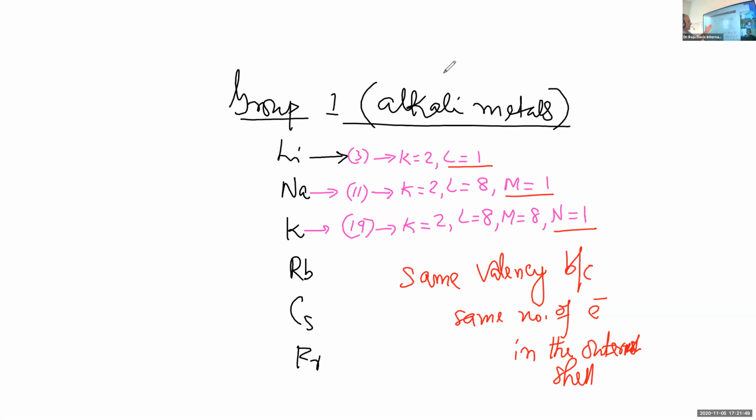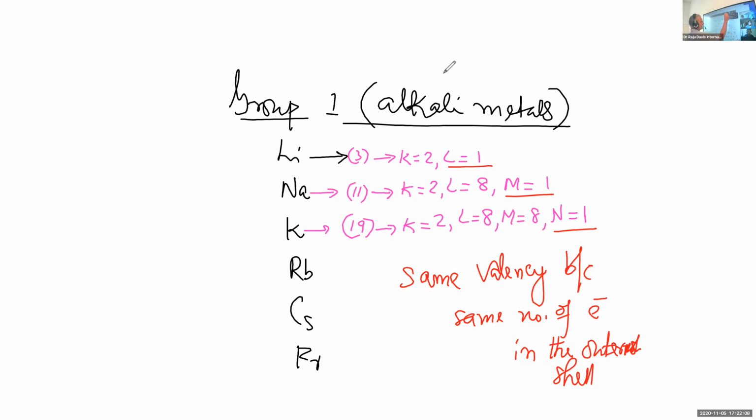For example, you take group 1, alkali metals. In the outermost shell, there is only 1 electron, and the common valency is equal to 1.